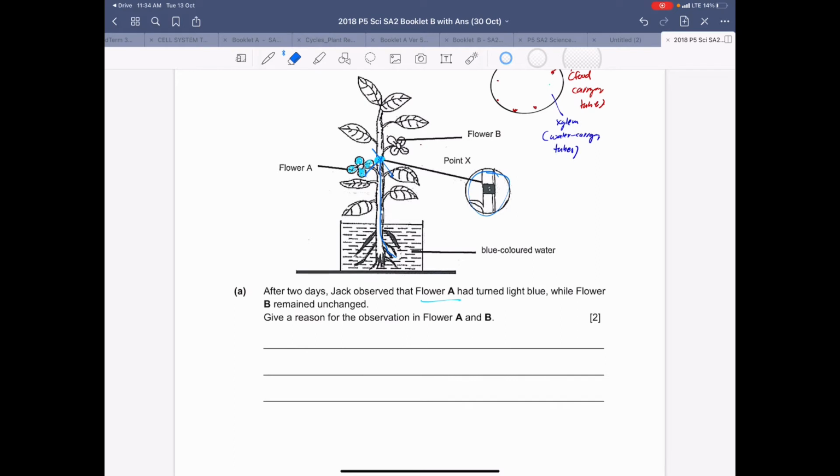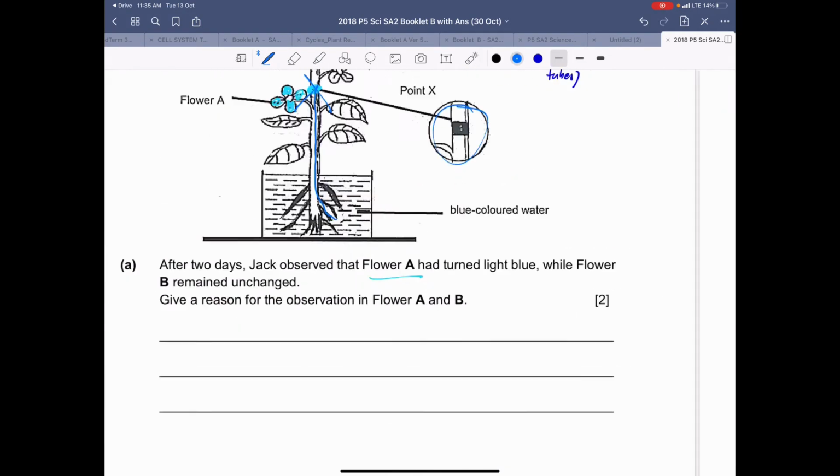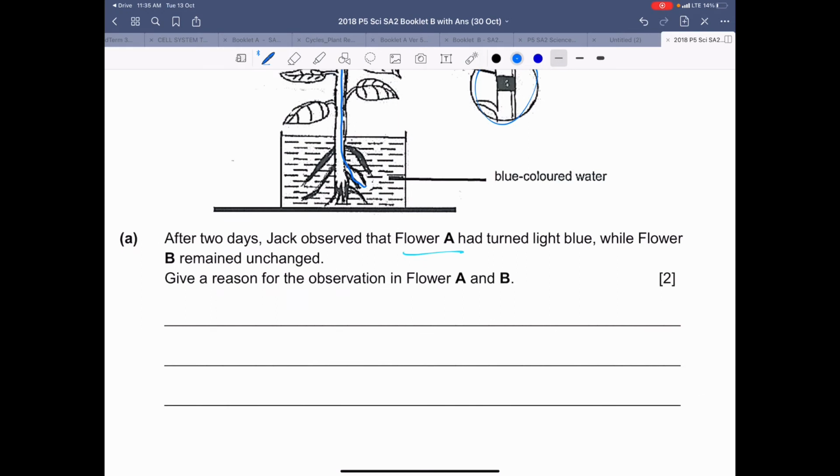Let's see how we can phrase the answer. Now, the first thing you need to tell me is that water carrying tubes were removed. I know that some of you said both water carrying tubes and food carrying tubes were removed. Okay, good for you.